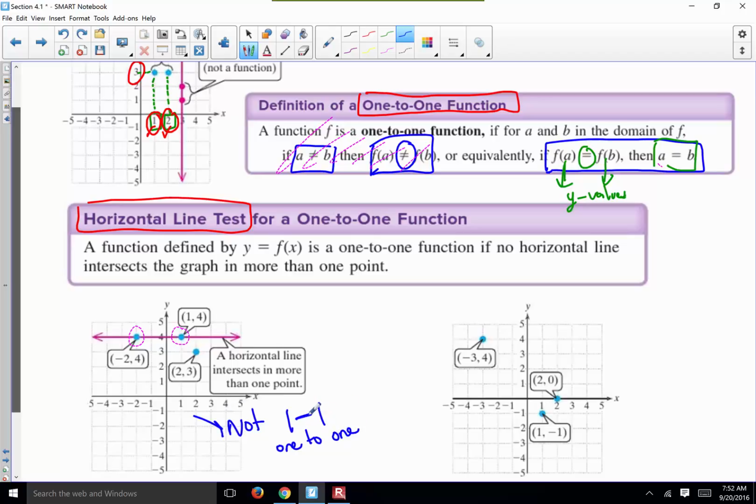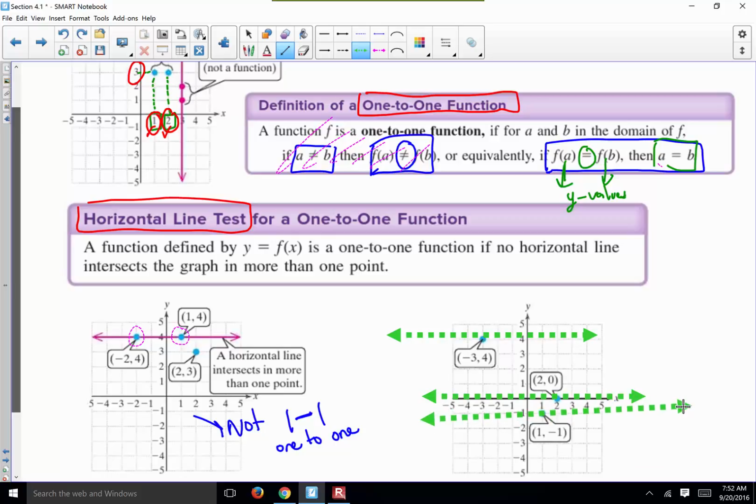This is not one-to-one. How about this guy? Let's pass a horizontal line through these points. Single touch, single touch, single touch. Almost. Okay, so three lines never intersect more than one point. So this is good. This is a one-to-one function.